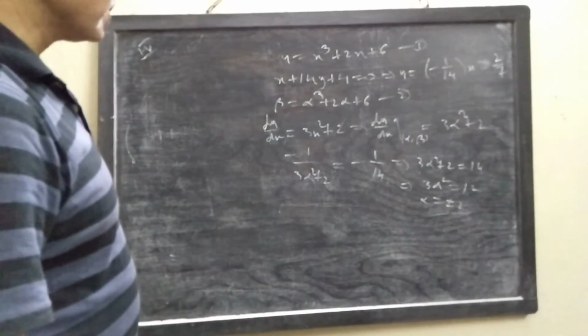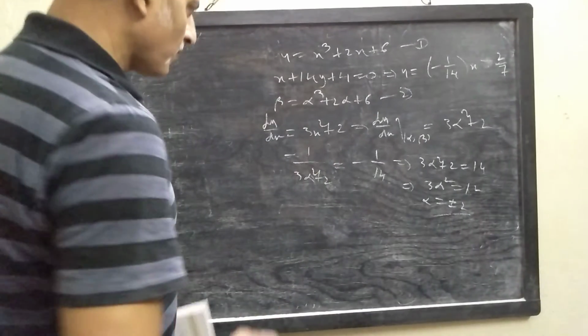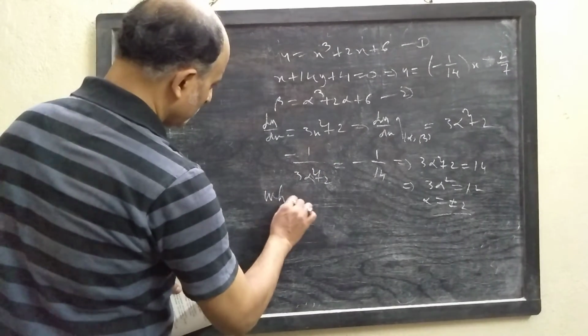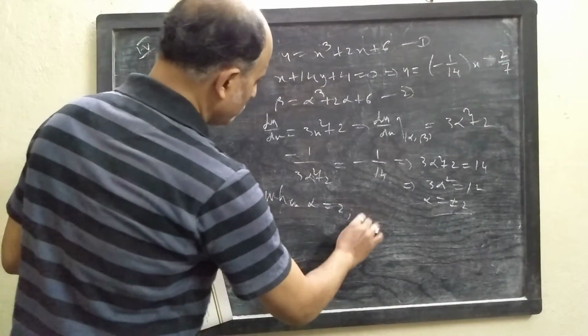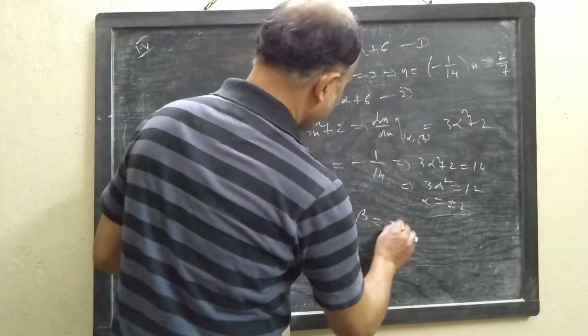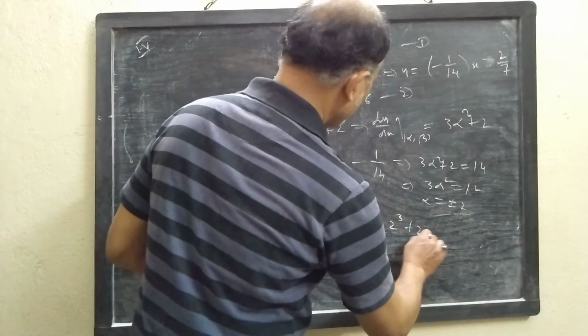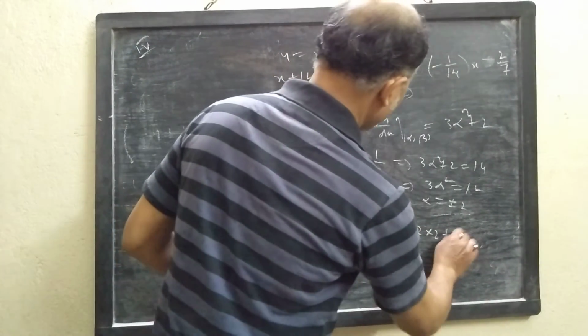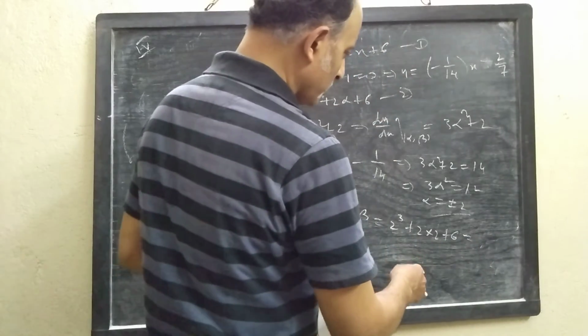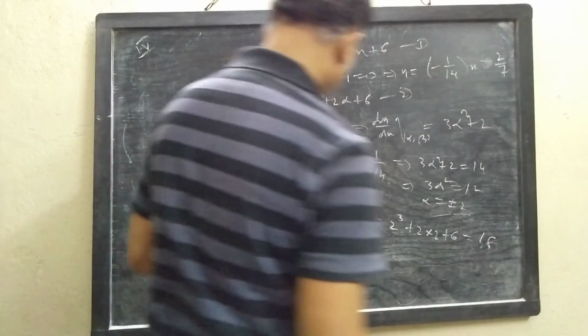After getting alpha as plus or minus 2, now obtain beta from 2. When alpha equals 2, then beta will be 2 cube plus 2 into 2 plus 6, that is 8, 4, 12, 6, 18.